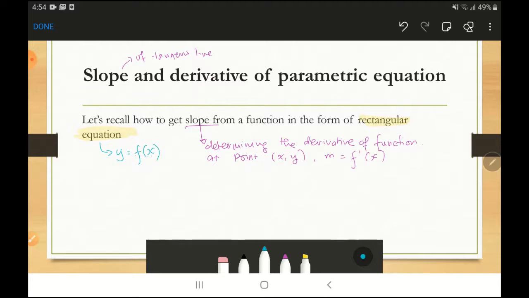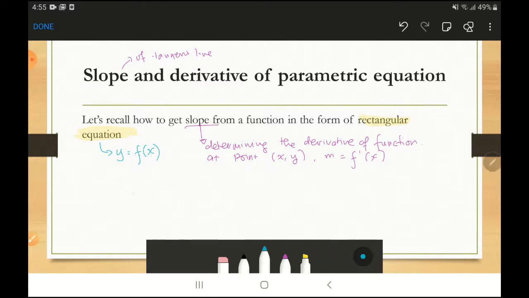So under the same logic, we can determine the slope of the tangent line of a curve that is defined by a parametric equation by doing the same thing.